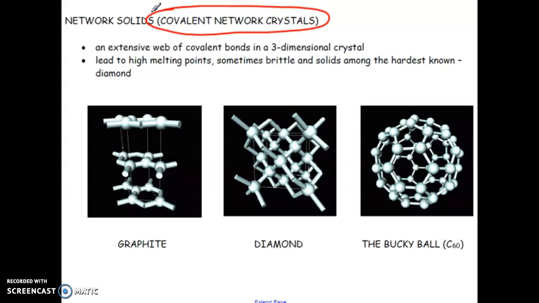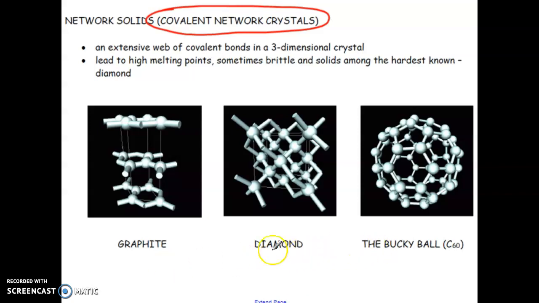So what ends up happening is the properties vary very greatly here. You can have a difference of something very weak to something very, very high. Sometimes they're going to be brittle, sometimes they're going to be incredibly hard. So it depends on the pattern that you're discussing.